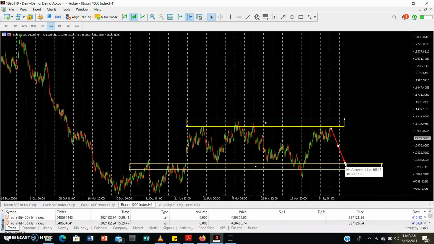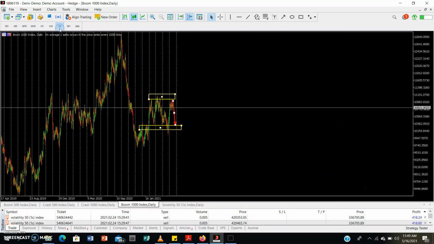It seems like most of our indices are going to be playing consolidation for a while and then take a major move, right? So for my 4-hour time frame, I can clearly see that this is the next best move to take this downtrend on Boom, right? Let's take a look at the daily time frame, and you see what I'm talking about.